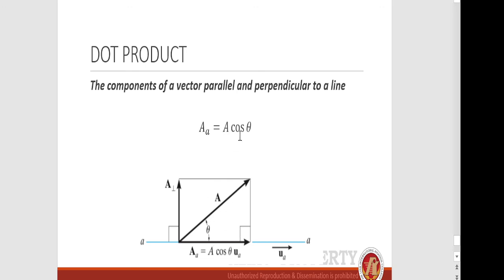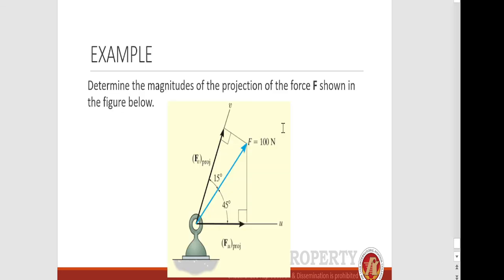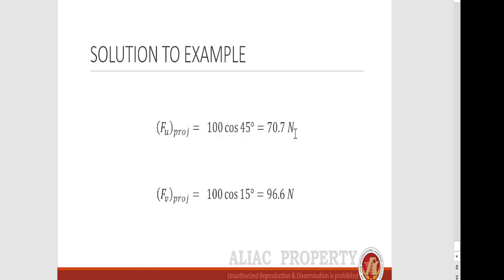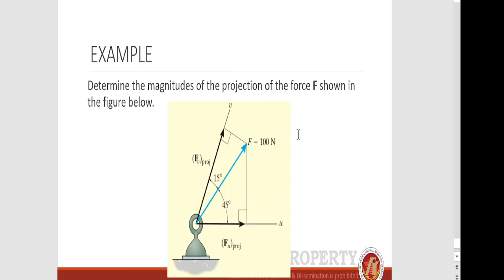When you cross multiply, you get A alpha equals A cos theta. And a simple example: determine the magnitude of the projection of the force F shown in the figure below. Here, for the projection, just substitute into the formula, A alpha equals A cos theta.